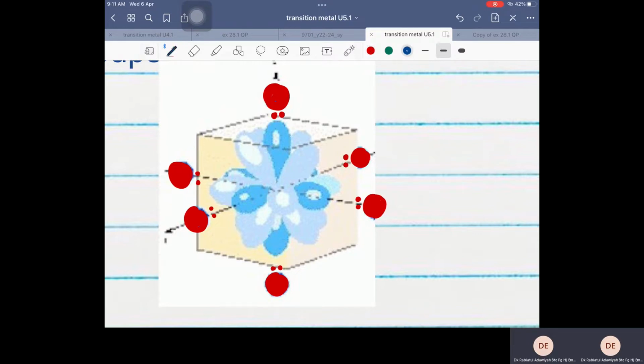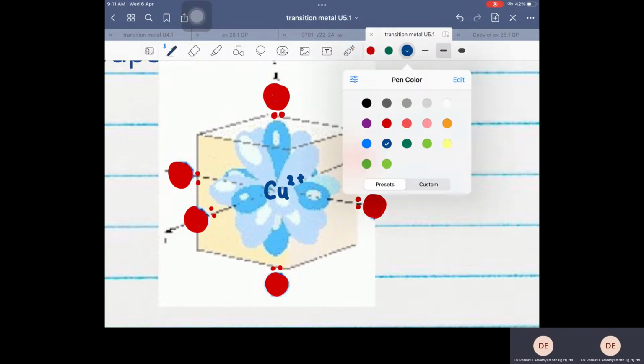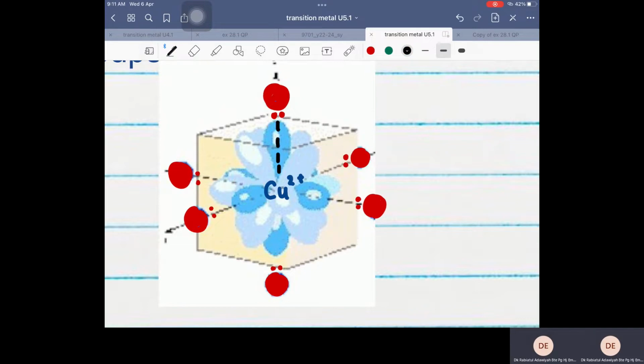In the center is my, say, Cu2+ ion. And these represent orbitals. There is also, missing from this diagram, my axis.